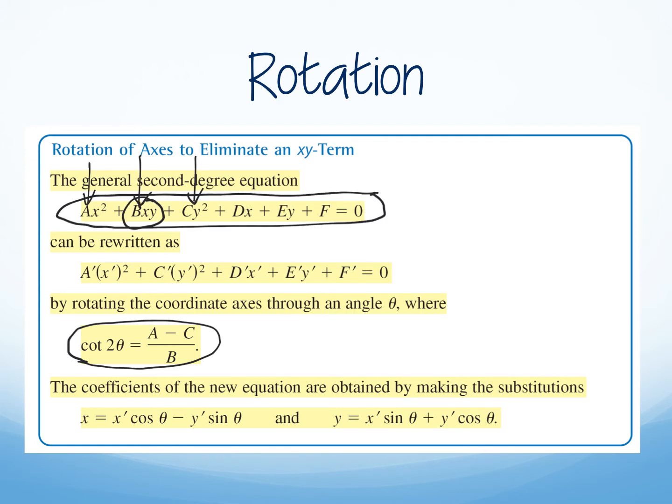So the values of those coefficients are going to go into this formula. I'm going to get a number as a result, and that number has to be one of the cotangents on my unit circle, which means the result can only be 0, 1, root 3 over 3, or undefined. So there's a short list of what that can result in.